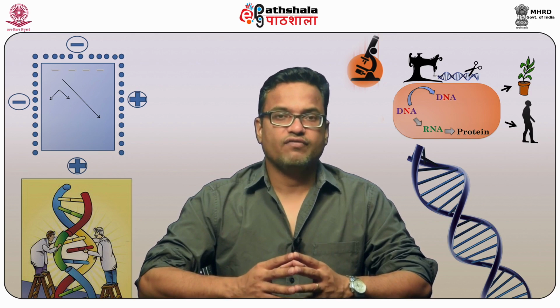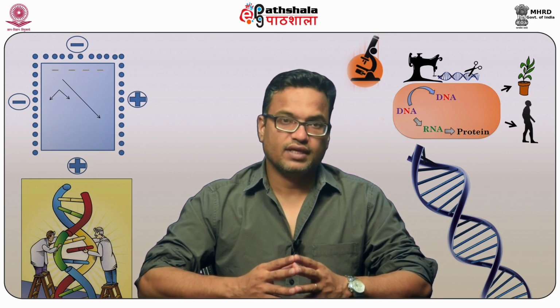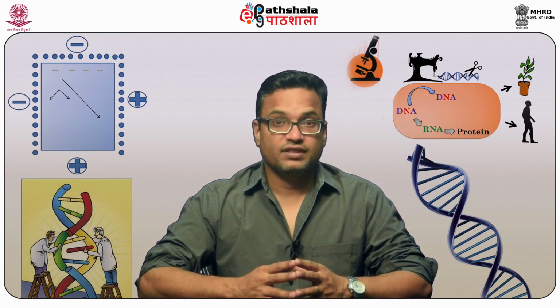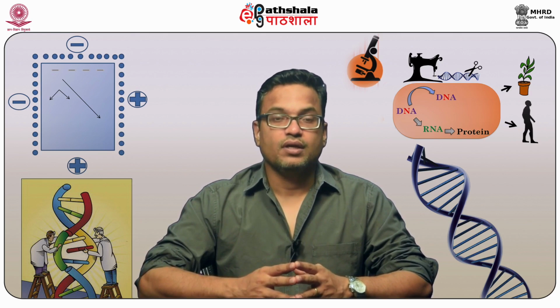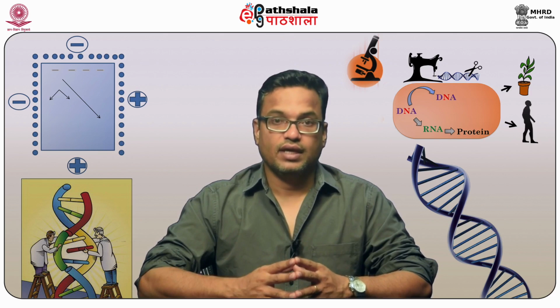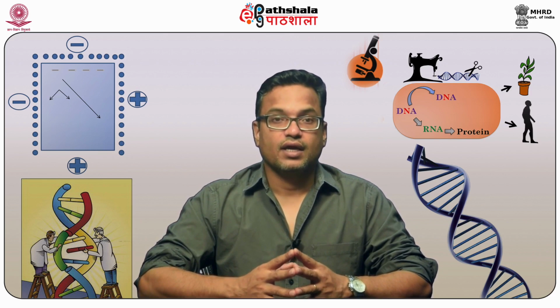So now we have named the sites in the vector as well as in the insert as att1 and att2, which allows specificity in terms of direction as well as location. So what happens in this case, for example, an attB1 site recombines with an attP1 site, and an attB2 site recombines with an attP2 site.